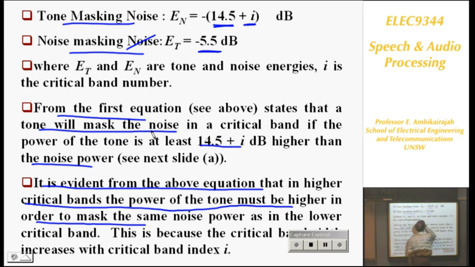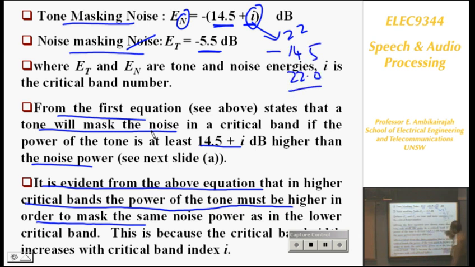Basically, as I increases, say I is equal to 22, that's going to be minus 14.5 plus 22. So you can read that part.